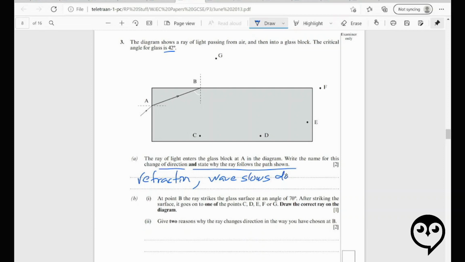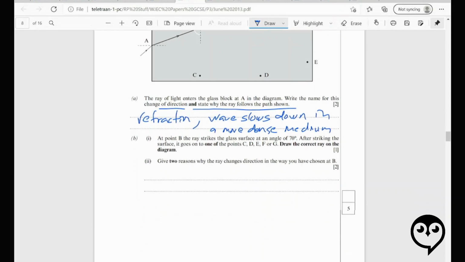We can say it slows down. We can say that the wavelength decreases, but it's entering the wave slows down in a more dense medium, and maybe you should say a more optically dense medium, but we'll see.